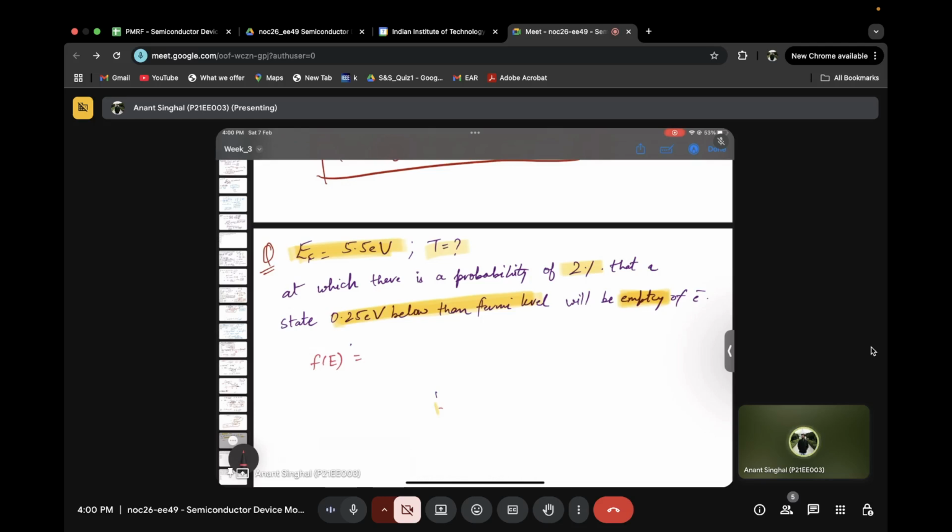What was the definition of Fe? Yes, it was the probability of an energy state filled with electron, right? I have given that the probability of 2% that it is empty of an electron. So what is this 2%?